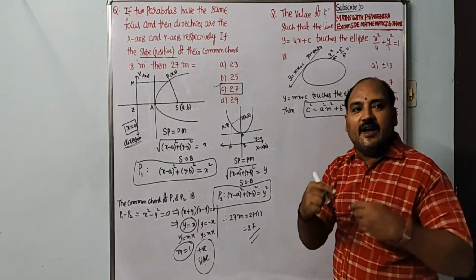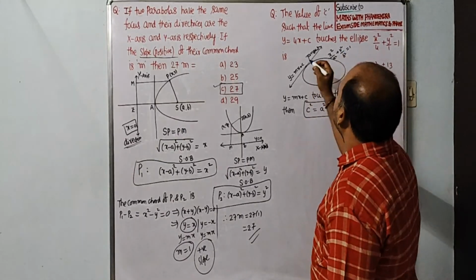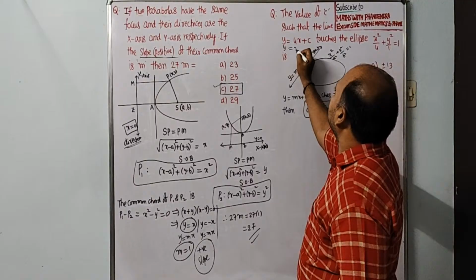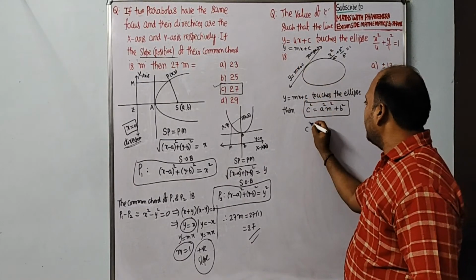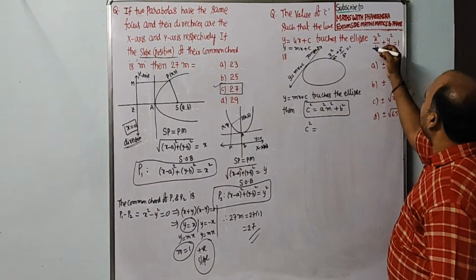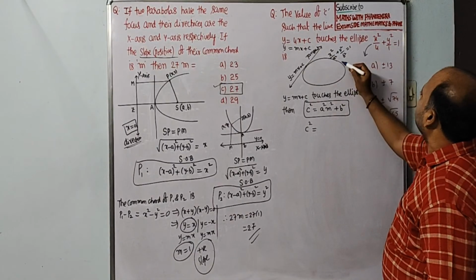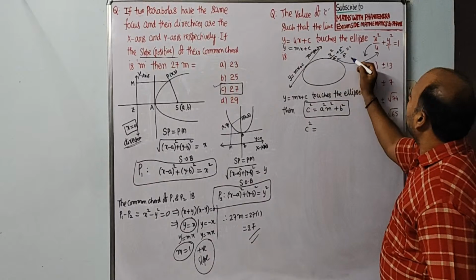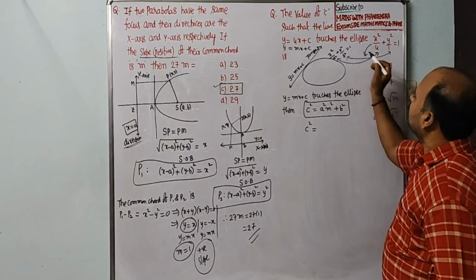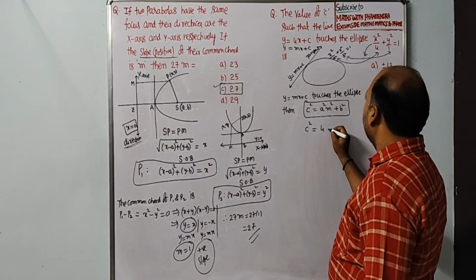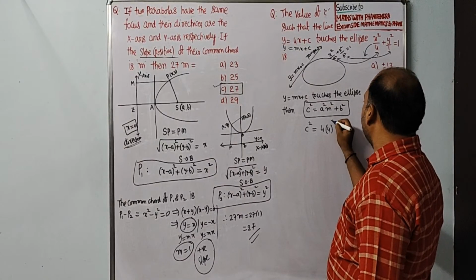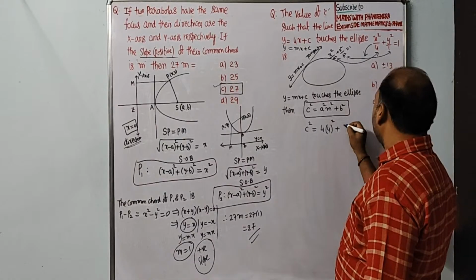So from the given data, compare with y is equal to mx plus c. So the c value is c only, c square. Comparing this equation with x square by a square plus y square by b square, a square is equal to 4, b square is equal to 1. So a square value 4 into m square, m value is 4, 4 square, plus b square value is 1.